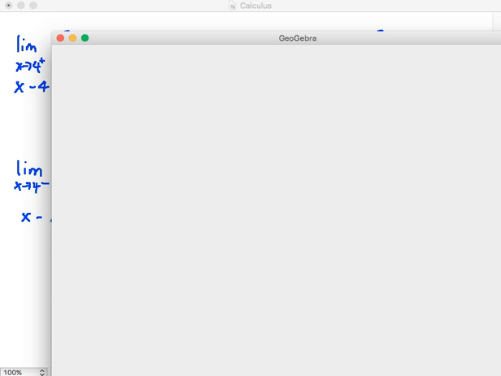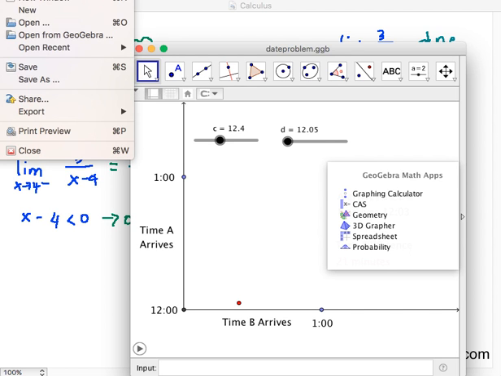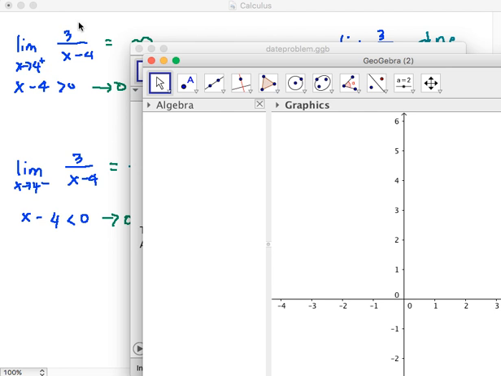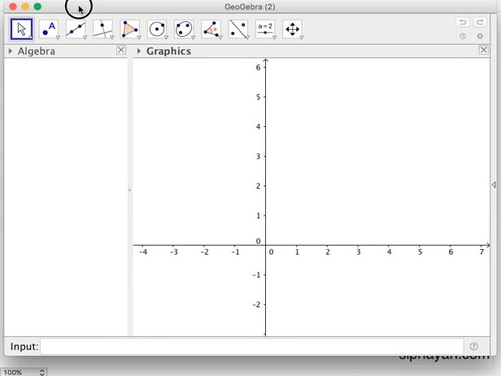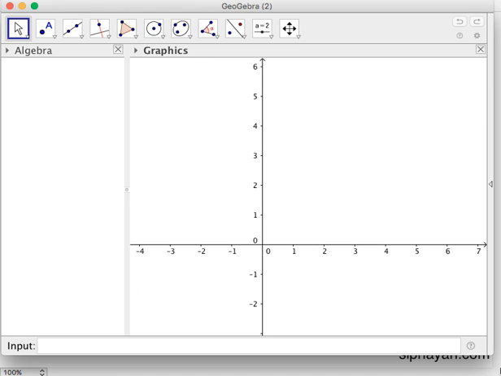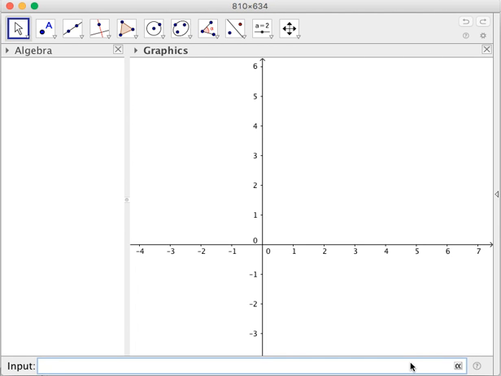So, just be patient. Okay, so that's my new window. Ano yung itsura ng f of x equals 3 over x minus 4, di ba? Yan yung ating function. Okay, so yan yung itsura niya.